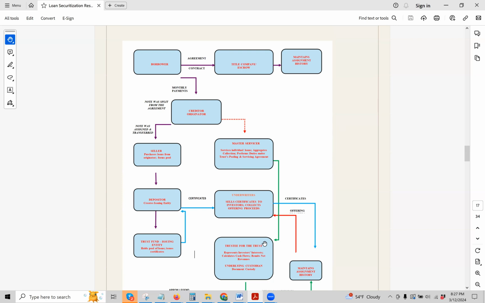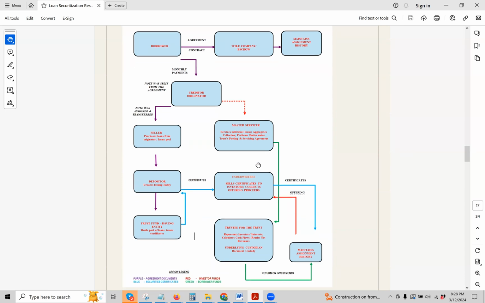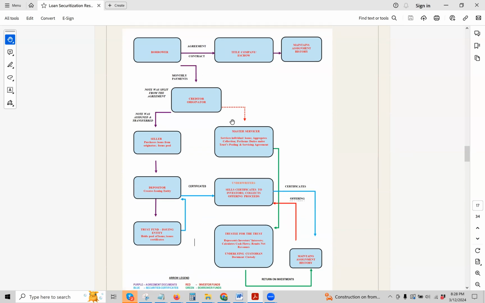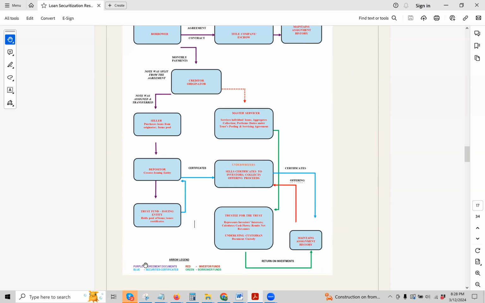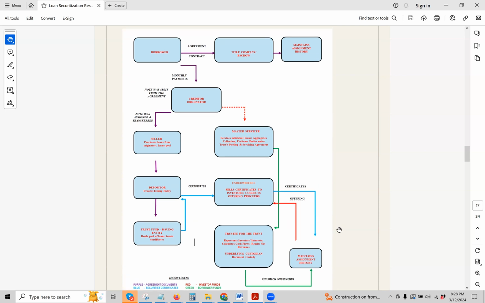Now, this is more of a general graph, okay? However, it is a similar concept to other types of debt as well. So I would definitely recommend you maybe pause this section and read through this and get an idea. And there's also an arrow legend here you can look at as well. But that gives you an idea of the path of a note, the path of a debt.